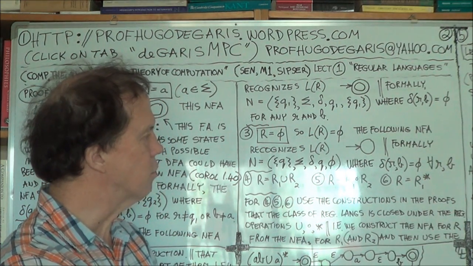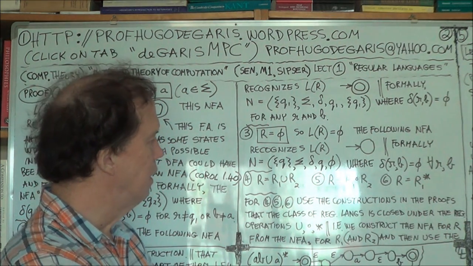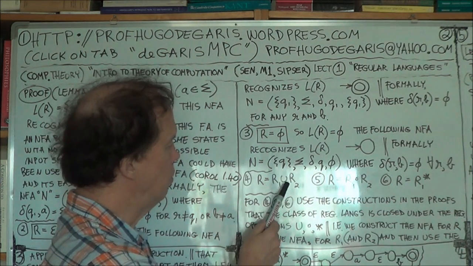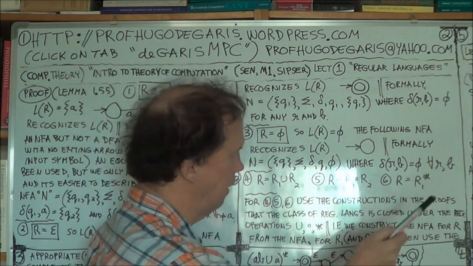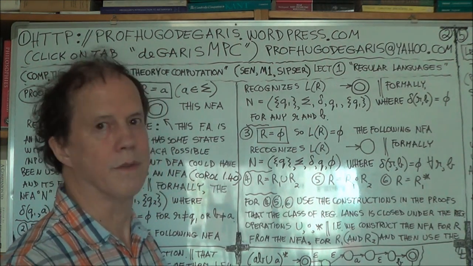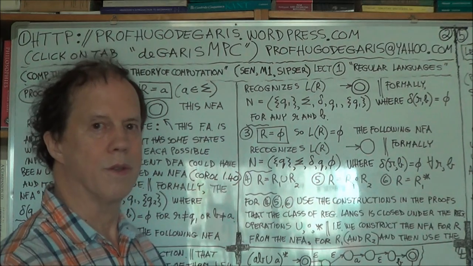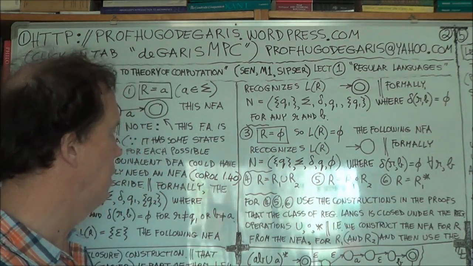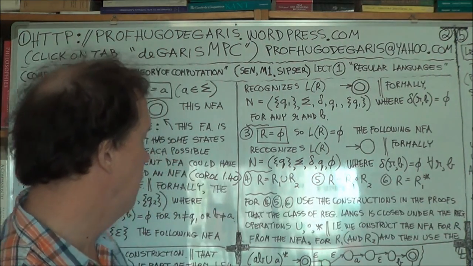Okay? So we've already done that. We know how to construct NFAs from component NFAs when we union them. So we know how to do that and that and that. So we can save ourselves work. We just refer back to those 3 proofs on closure. And that's just what I'm saying here, right?